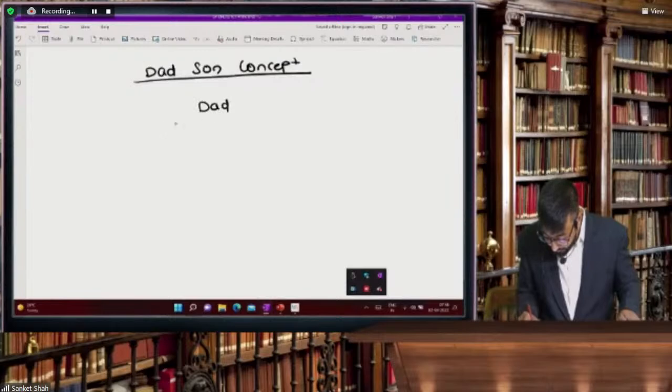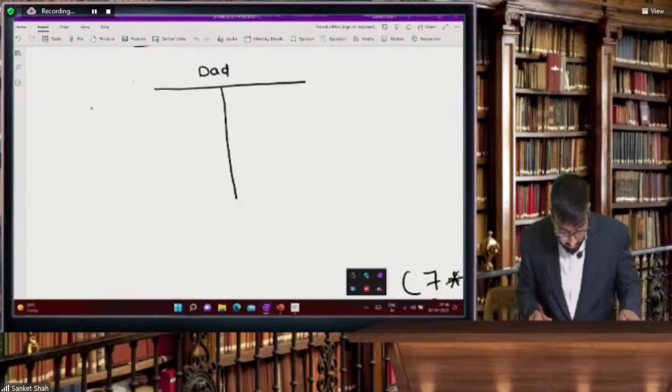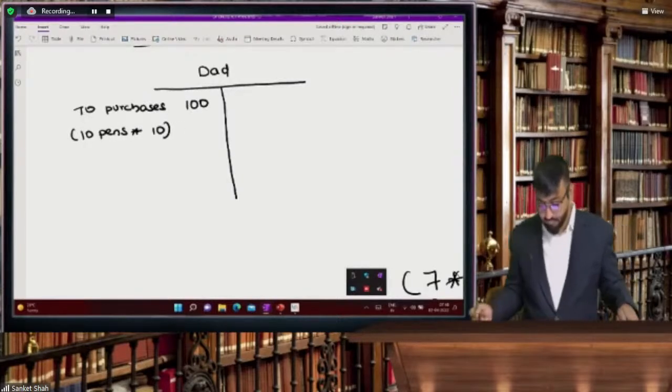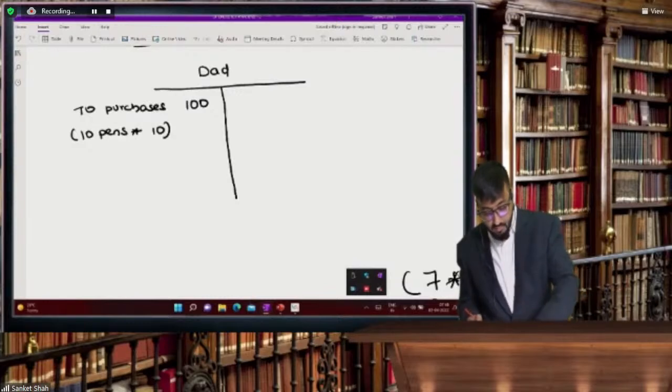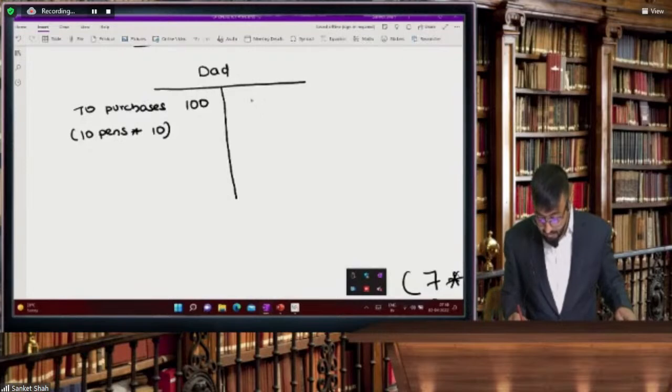Dad: to purchases, 10 pens at rupees 10.